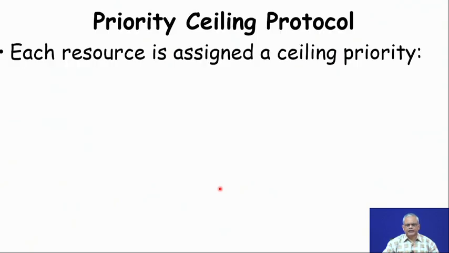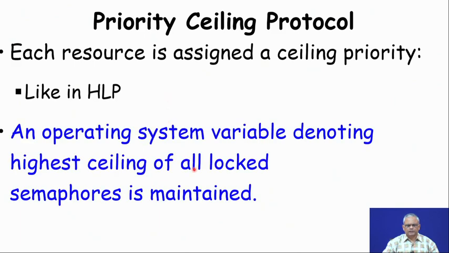Now, let us see the main idea here. Just like the highest locker protocol, each resource is assigned a priority ceiling. The main difference with respect to the highest locker protocol is that a task's priority does not become equal to the ceiling priority of the resource as soon as it acquires a resource.